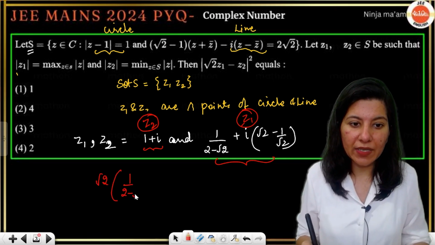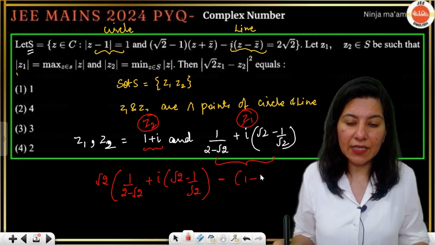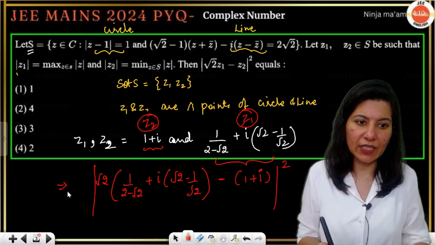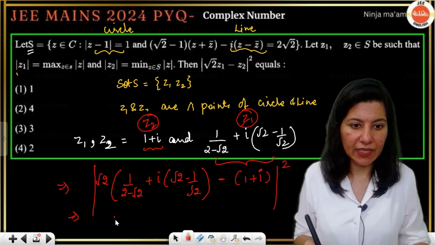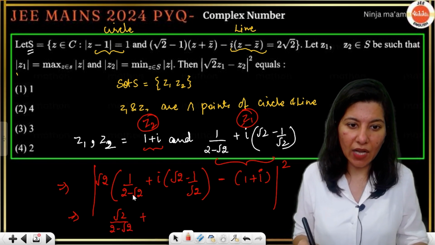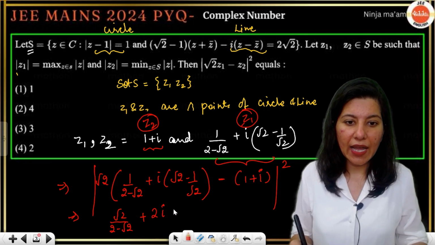Root 2 times Z1 is 1 minus 2 minus root 2 plus iota times root 2 minus 1 by root 2, minus Z2. So 1 minus 1 plus iota, mod square. Solve it out. Multiply root 2 by 2 minus root 2, correct, plus iota. So root 2 into root 2 is 2, so 2 iota, and this is root 2.